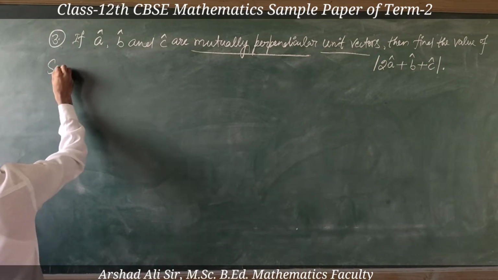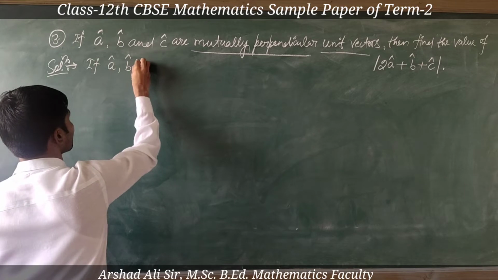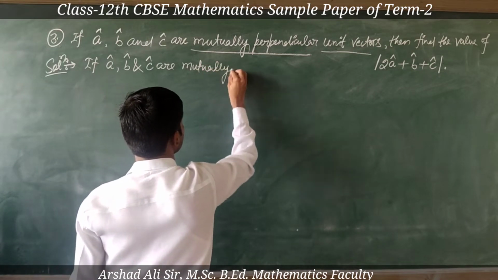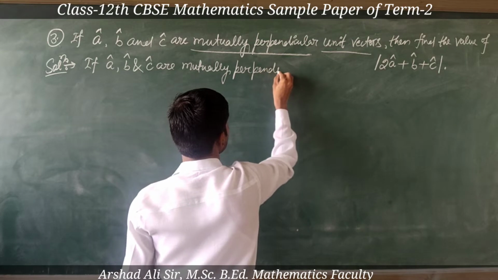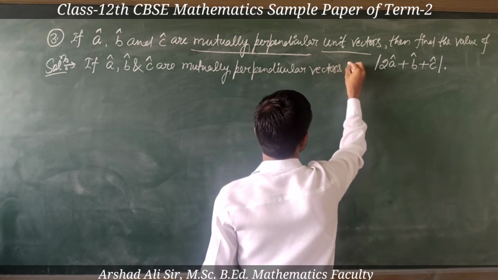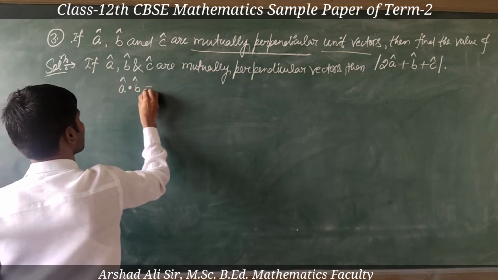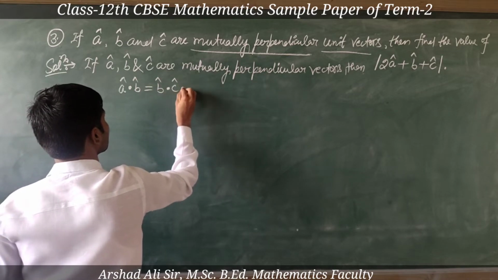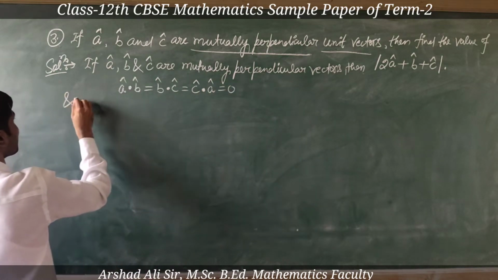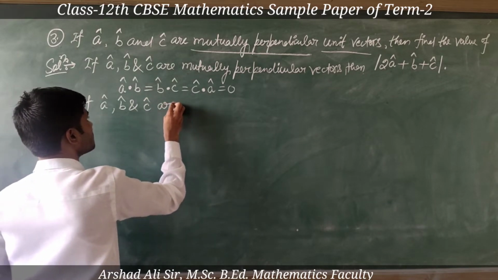It means if a cap, b cap and c cap are mutually perpendicular vectors, then a cap dot b cap is equal to b cap dot c cap is equal to c cap dot a cap is equal to 0.